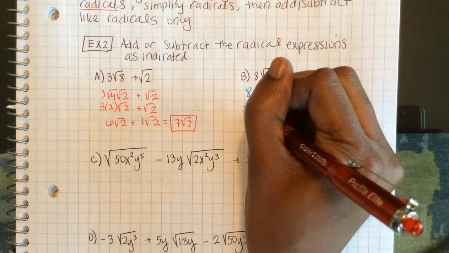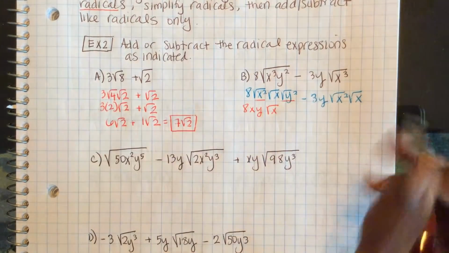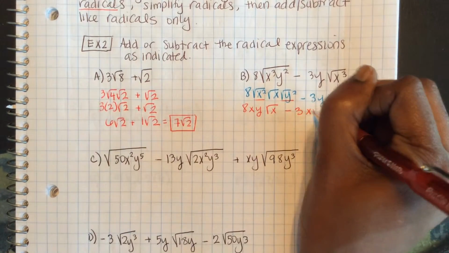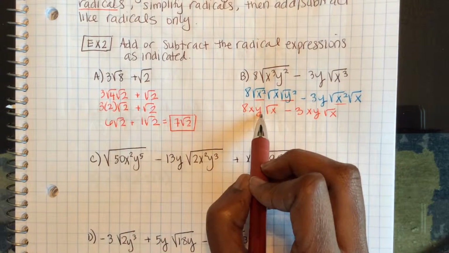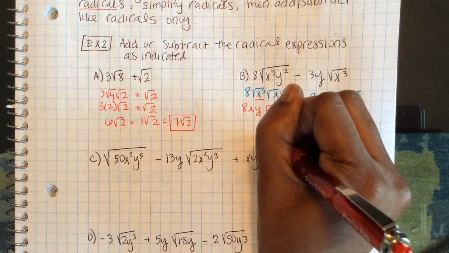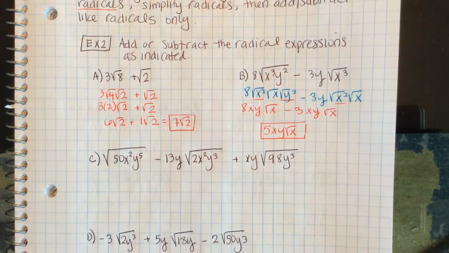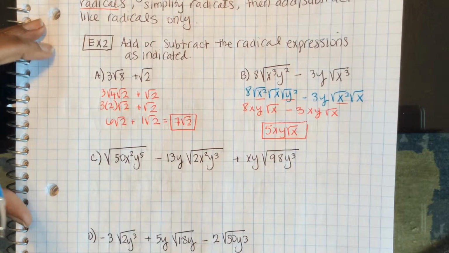So let's say this is 8xy square root of x, and this is minus 3xy square root of x. So now 8xy square root of x minus 3xy square root of x makes 5xy square root of x. So simplifying will reveal like radicals that we can combine.